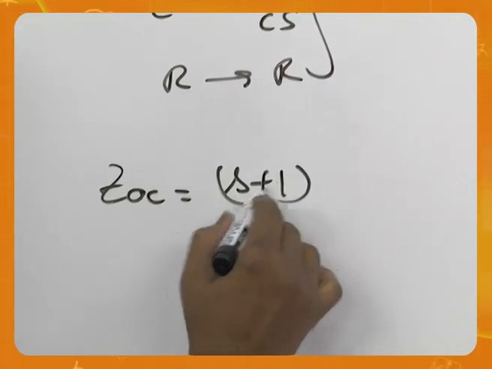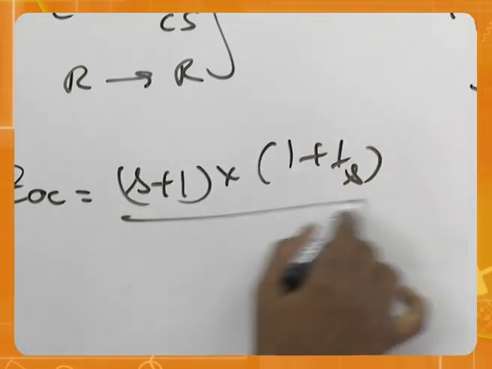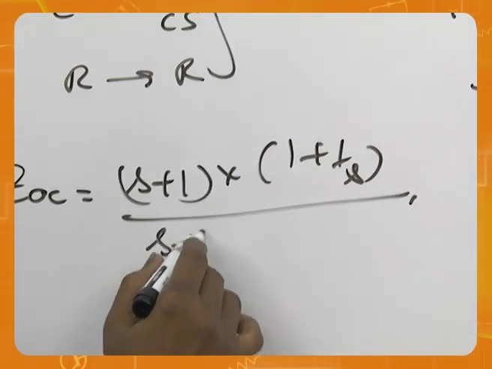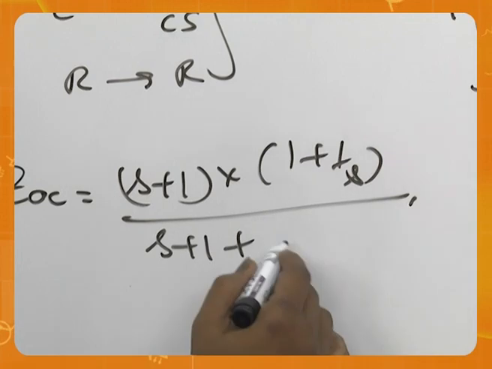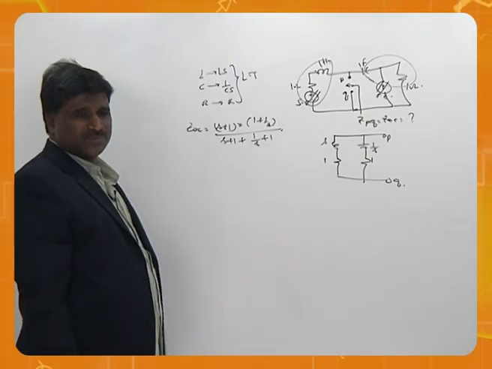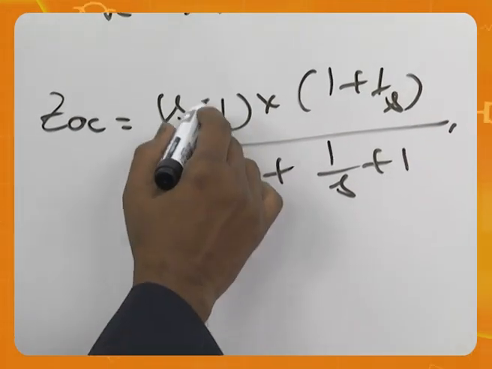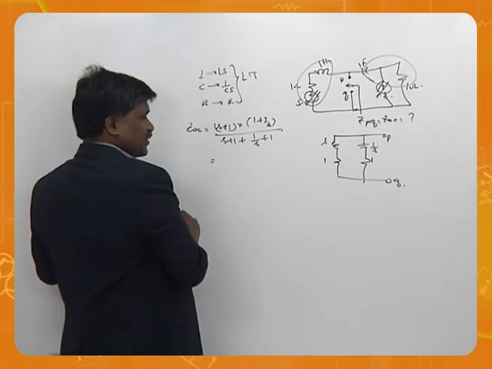So therefore, what is the ZOC or Z equivalent here? (s plus 1) into (1 plus 1 by s) by (s plus 1 plus 1 plus 1 by s). Simple. So what will happen now? This is Z1 Z2 by Z1 plus Z2. That's what it means.